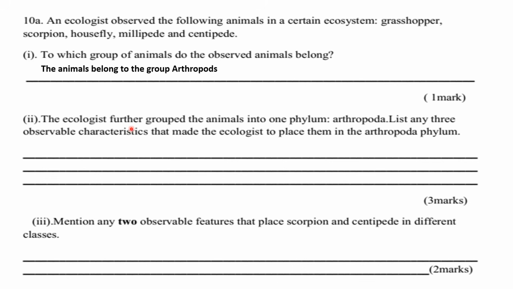So the ecologist further grouped the organisms into one phylum, which is called Arthropoda. Remember, a phylum is simply a major group or rank which is used in biological classification.